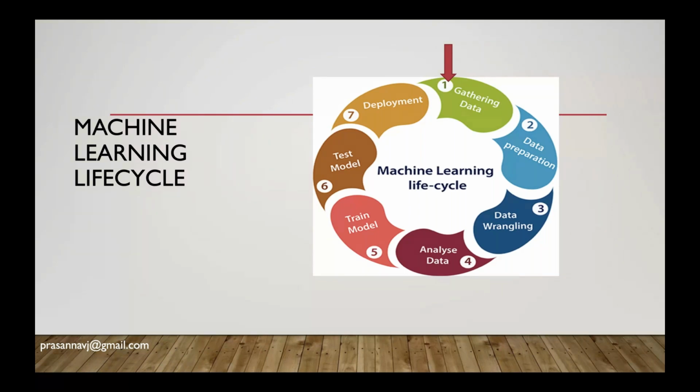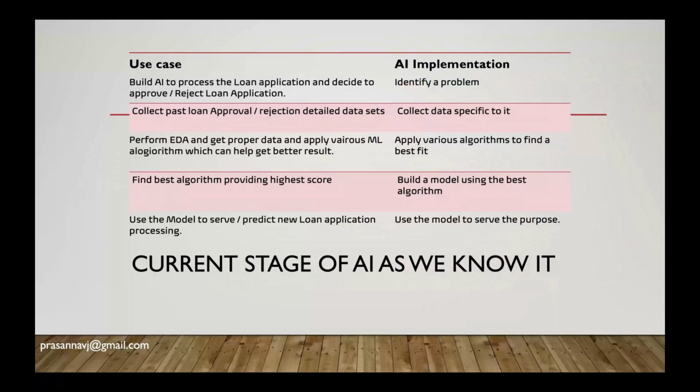So let's take a simple example. Say you want to build a system for a bank, a loan approval or rejection process. To do that, you go to the bank and identify some of the data and processes that are followed at the bank, and you collect the data specific to the bank.